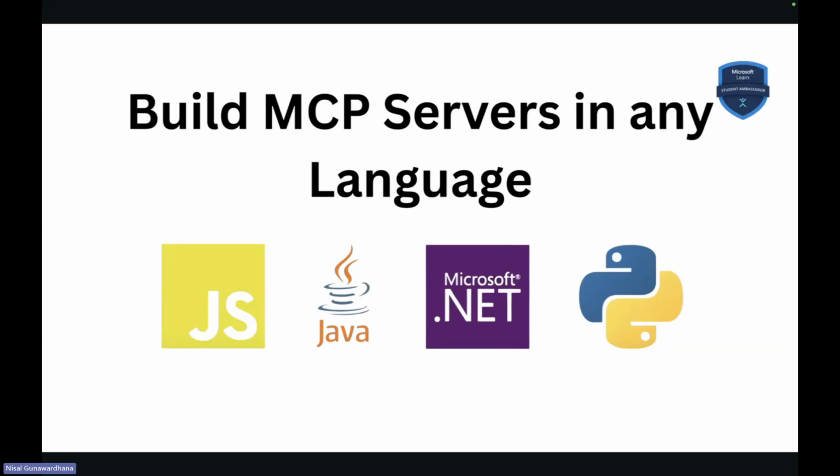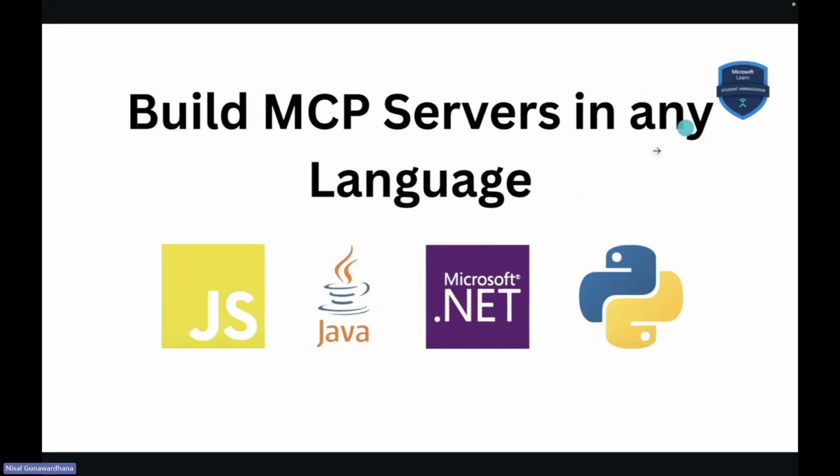MCP has development SDKs in a few languages, like Java, JavaScript, Microsoft .NET, and Python. MCP basically supports these languages, and it has SDKs for this kind of language, right?